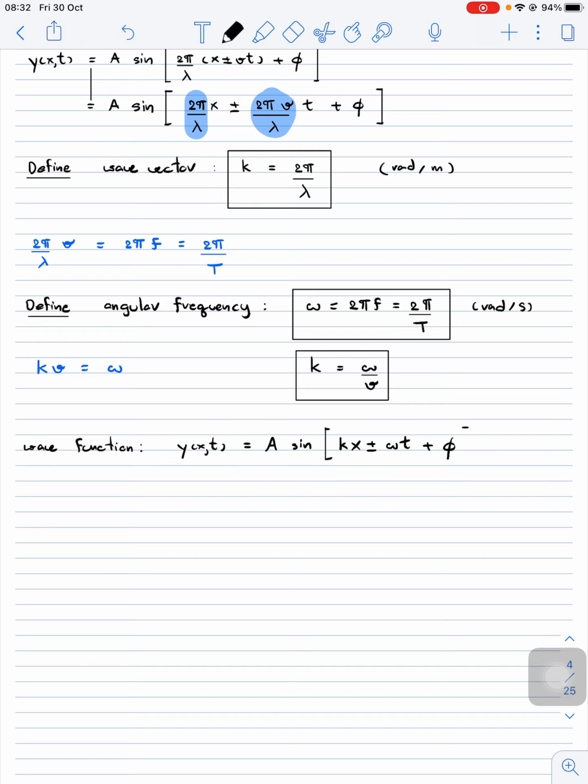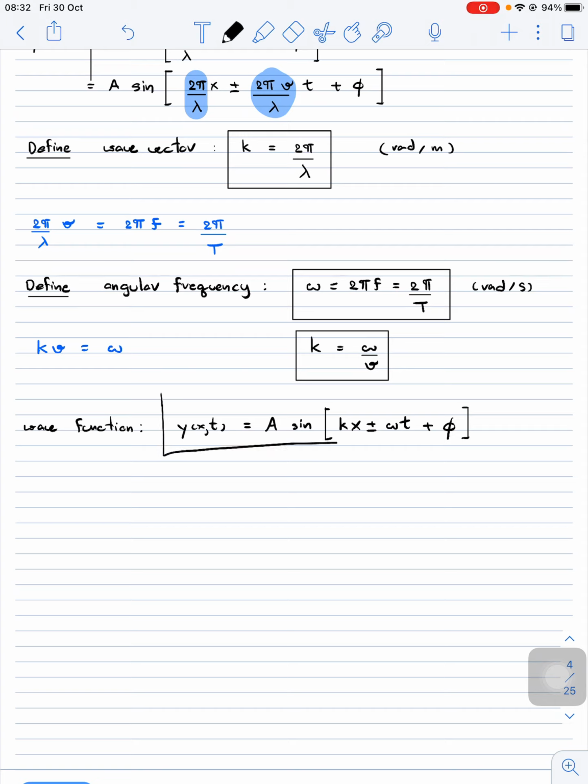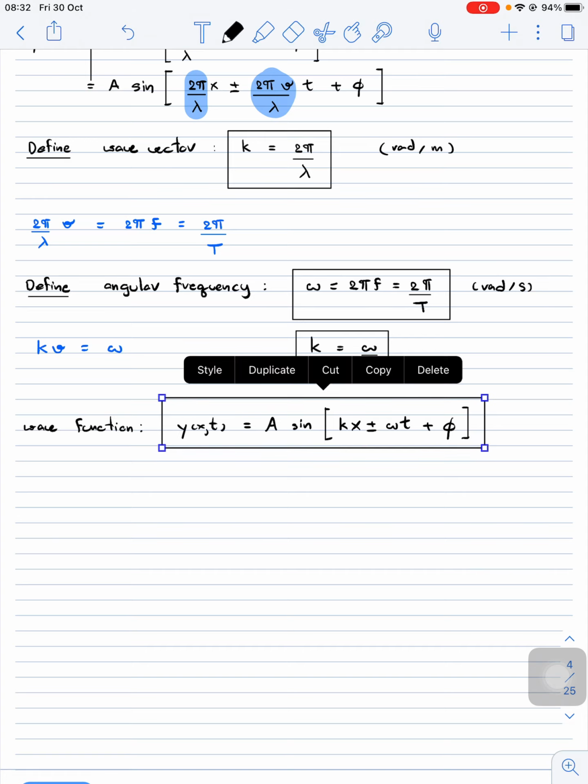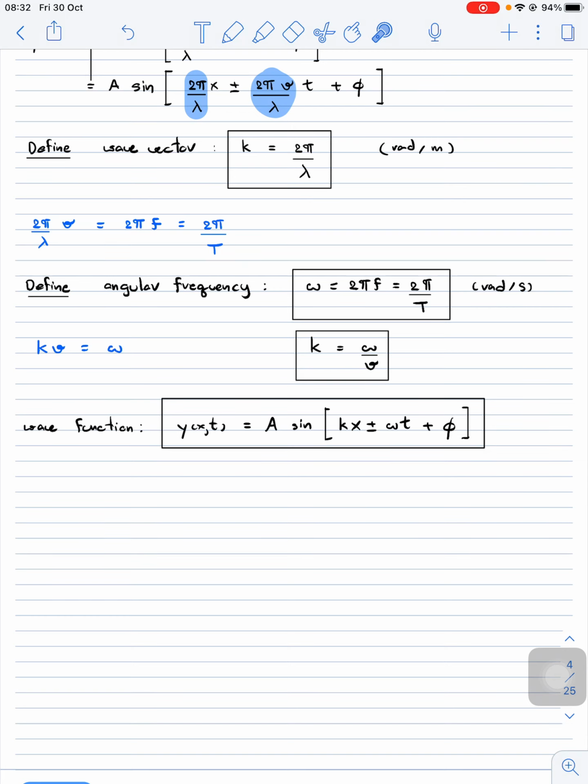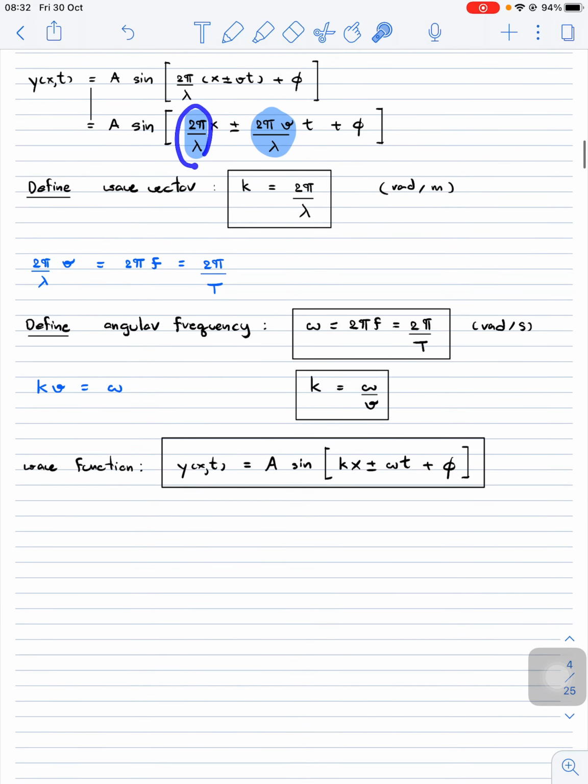This is going to be another form of the wave function of the sinusoidal wave. From now on we can mainly use this form, because this term is equal to k and this term is equal to omega, so that's why we have kx plus or minus omega t plus phi.